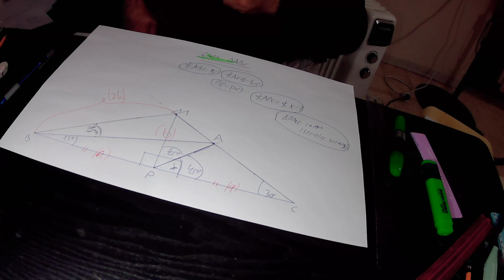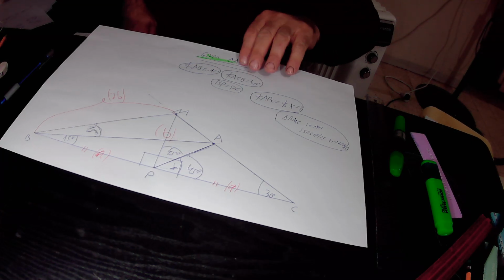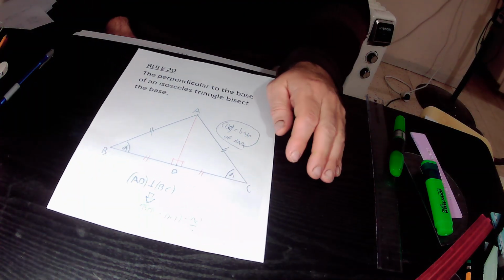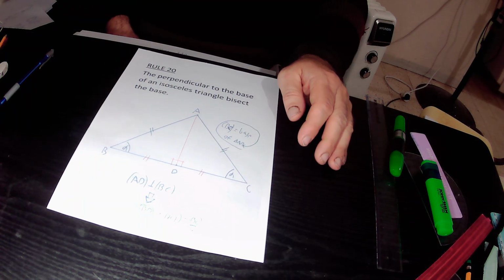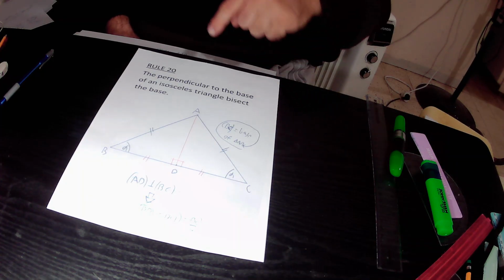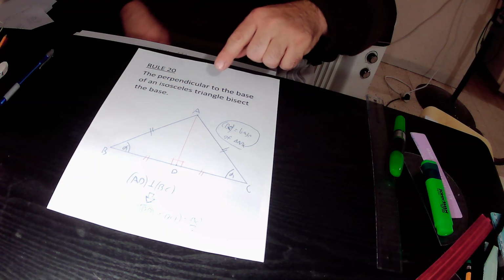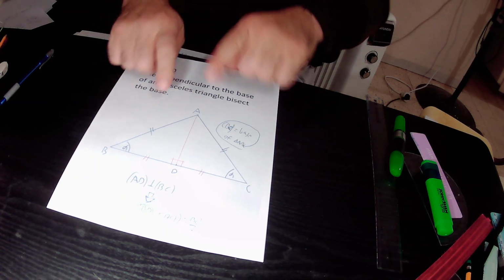So here we can implement rule 20 in our drawing. Please click on rule 20. According to rule 20, the perpendicular to the base of an isosceles triangle bisects the base. In the drawing, we have the isosceles triangle ABC, because AB equals AC. BC is the base.